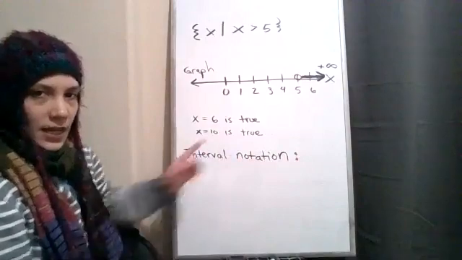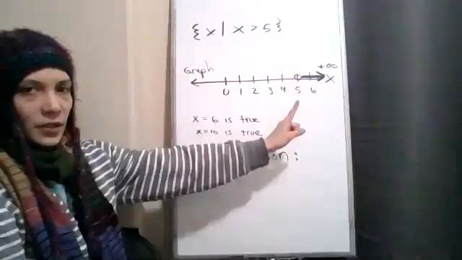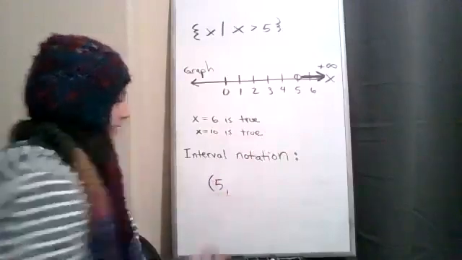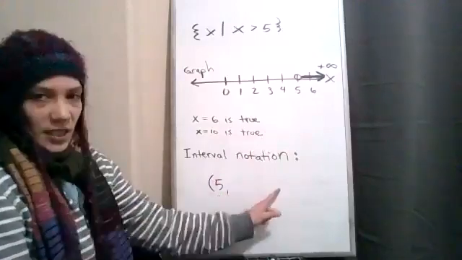So we have a set that starts at 5, not including 5, so parentheses around it. It goes to positive infinity.